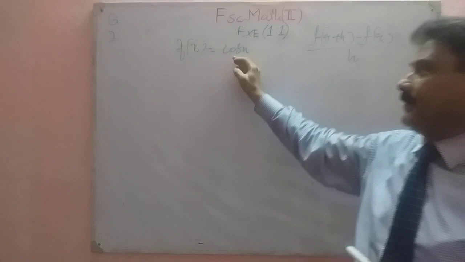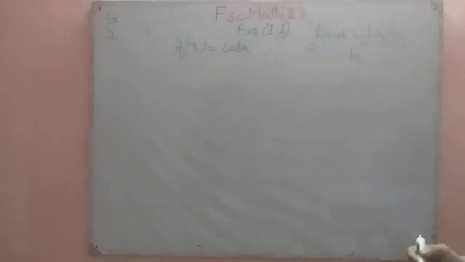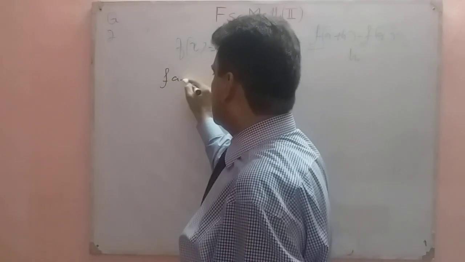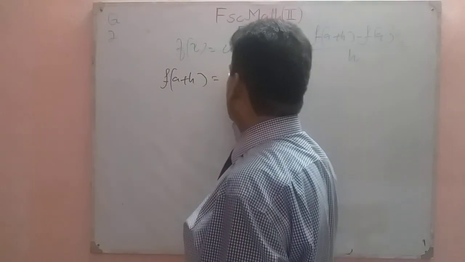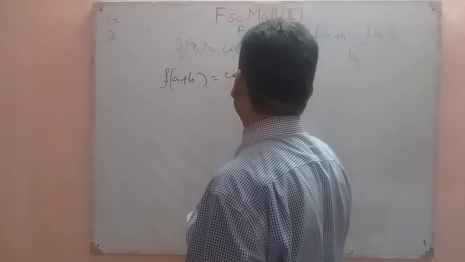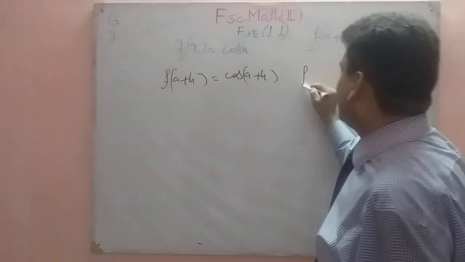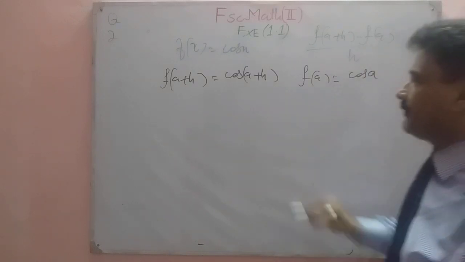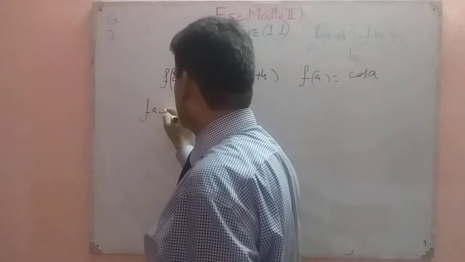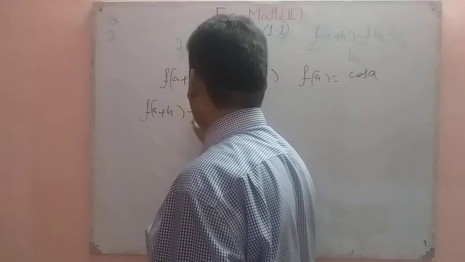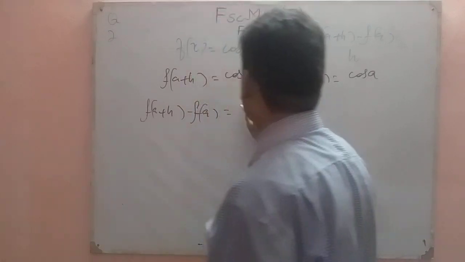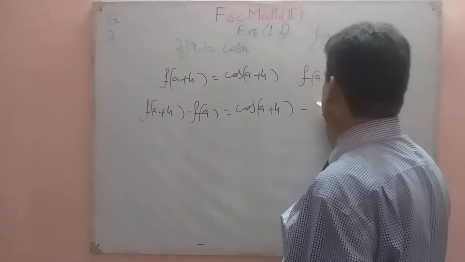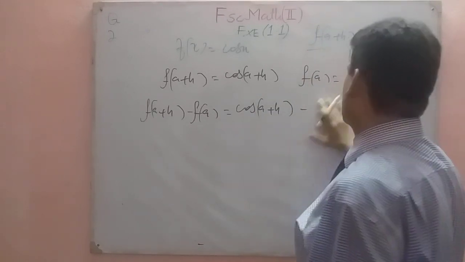When the given function is f of x, we first find the value of f of a plus h, which is cosine of a plus h, and the value of f of a is cosine a. We write f of a plus h minus f of a, which is cosine of a plus h minus cosine a.